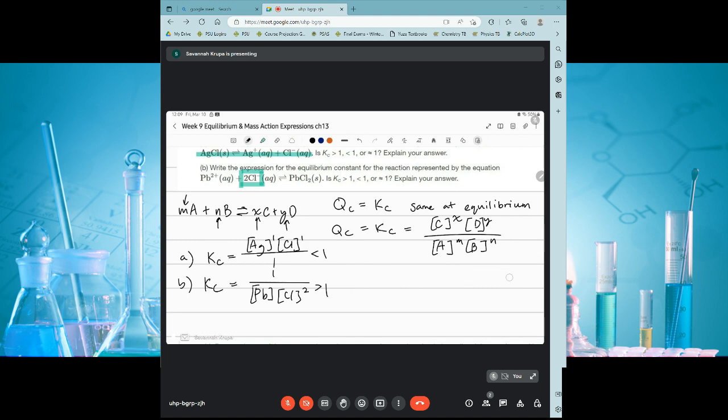So unlike in problem A, you're starting with a solid, so you are going to be making less of the ions because of what you're starting with. And because in problem B you're starting with more ions, you're going to be able to make more solids. And so that is why these Kc values are the way they are.